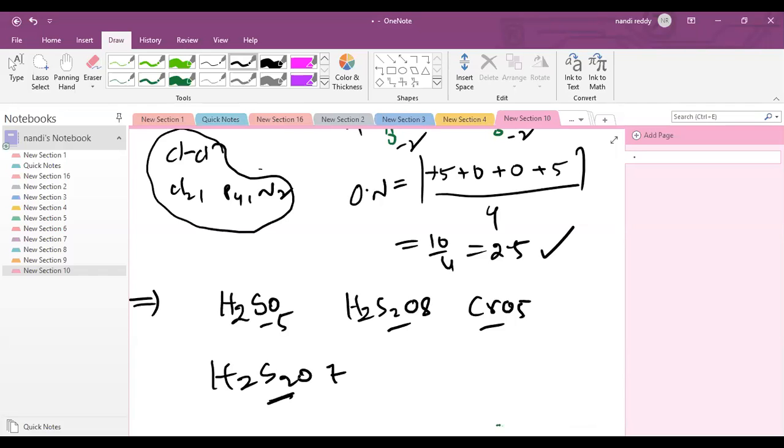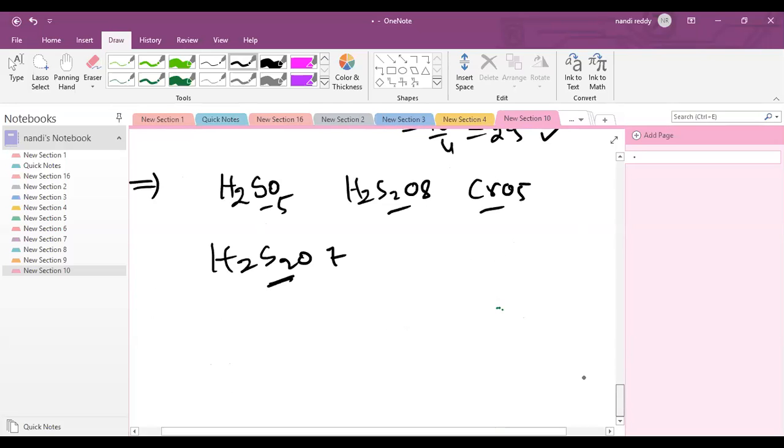But you know one point very well: any element's maximum oxidation number is equal to its valence electrons. Please note it down, sir. We are giving this for the 4th time.